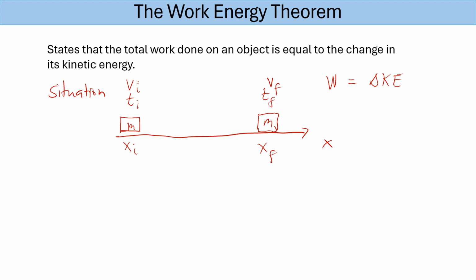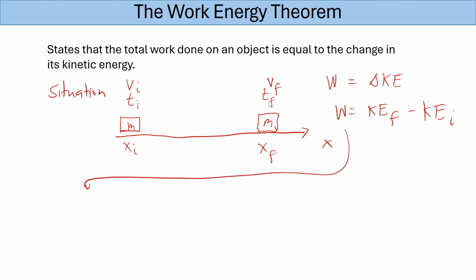Previously, we have defined earlier that the kinetic energy is equal to 1 half mv squared. So if you expand that, work is equal to KE final minus KE initial, or you can just write that as, okay, let me put that here. You have work is equal to 1 half m vf squared minus 1 half m vi squared.